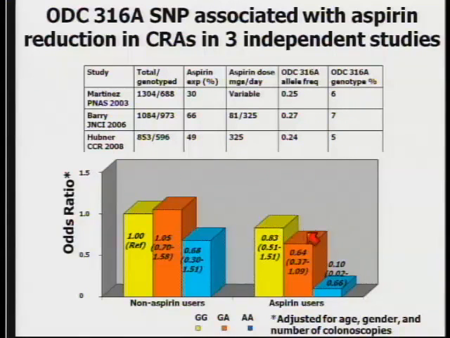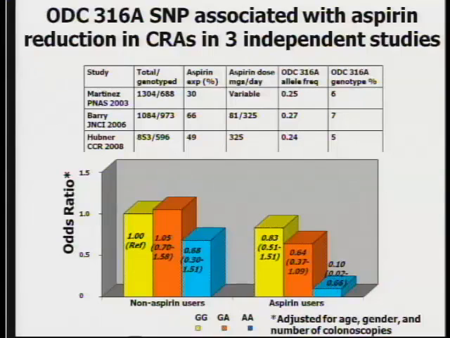And the remarkable finding that was noted in all three studies is that there appears to be a dramatic association of this A allele with a decreased risk of developing adenomas in people who are taking aspirin, either reporting taking aspirin, as it was done in our study, or actually a prospective randomized study of aspirin.